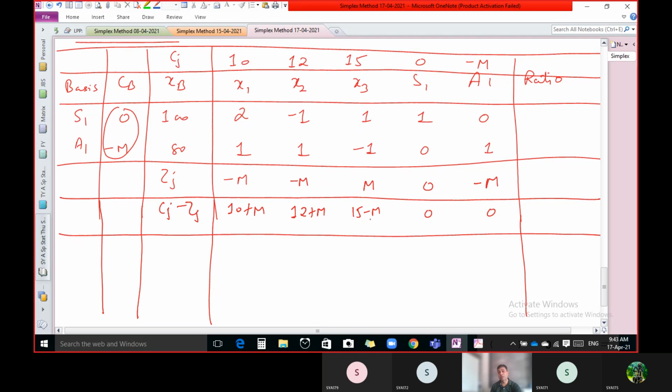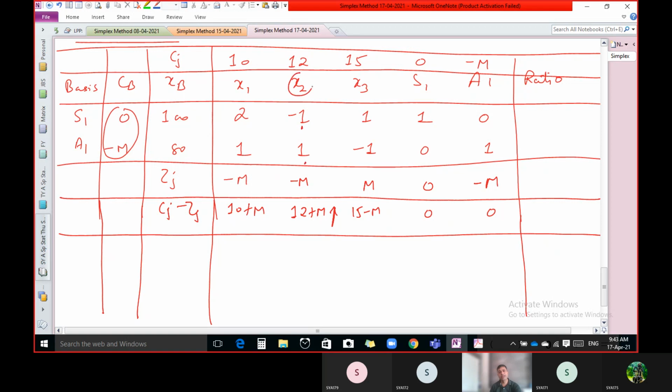And this is negative because 15 minus 1 lakh is negative. So these are the only two positive values. You can consider M as 100 also. So 12 plus 100 is 112 and 10 plus 100 is 110. So the highest value is this one. So we have to consider this as the key column.